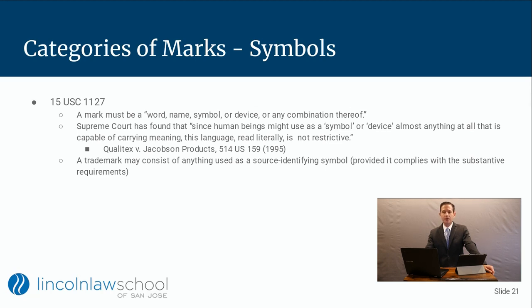So the symbol could actually be used in any manner. Any type of symbol may be used to denote a source of a good or service. A trademark may consist of anything used as a source identity symbol, provided it complies with the substantive requirements. So any type of symbol may actually be used with respect to trademarks.